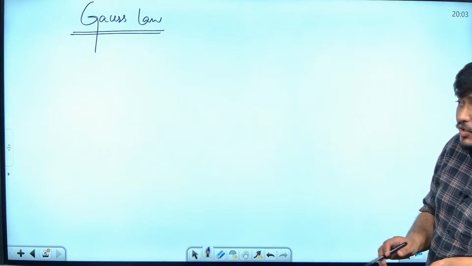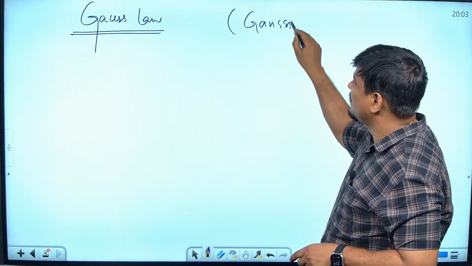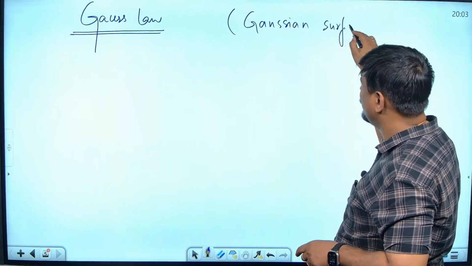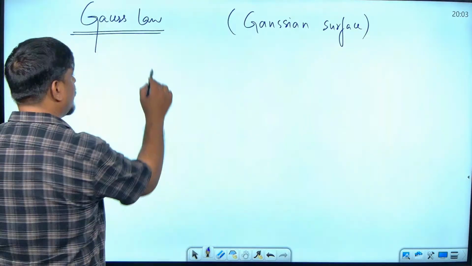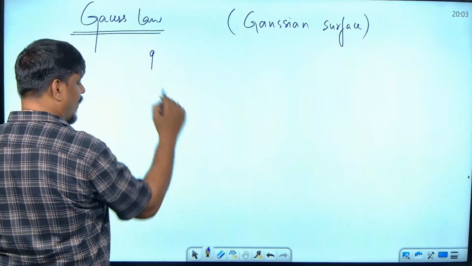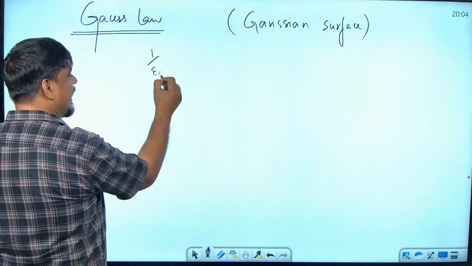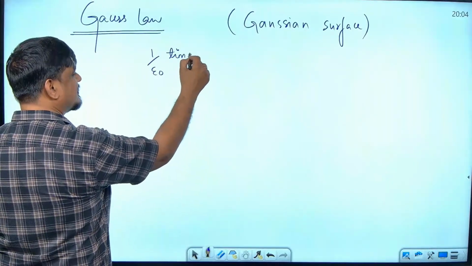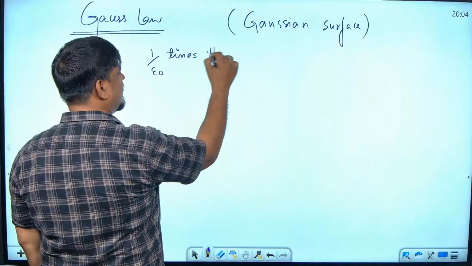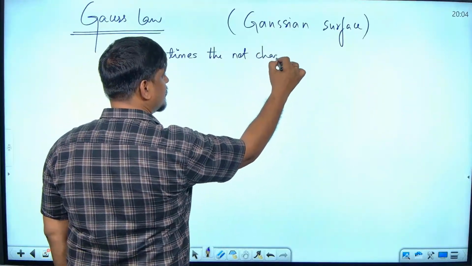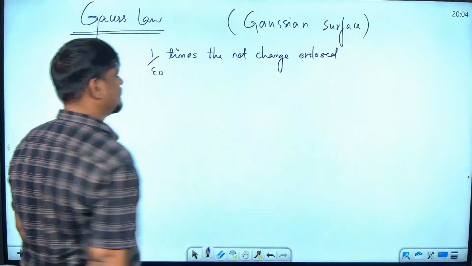Once again in bracket you can write Gaussian surface, is 1 by epsilon naught times the net charge enclosed.